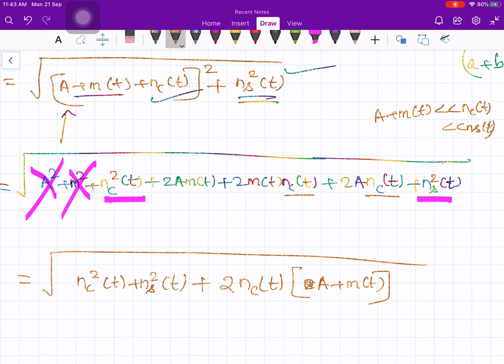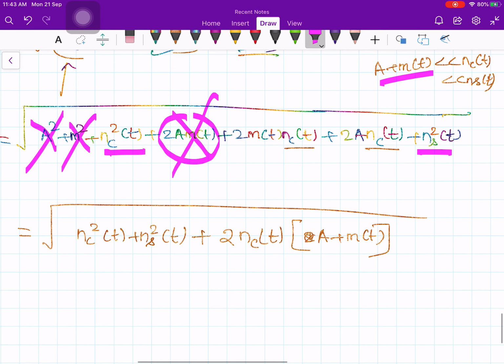And any other terms we left? What about this term 2 times a plus m of t? That is also very small, because a plus m of t is less than nc of t, so this also can be neglected. Okay, so this is my final expression.